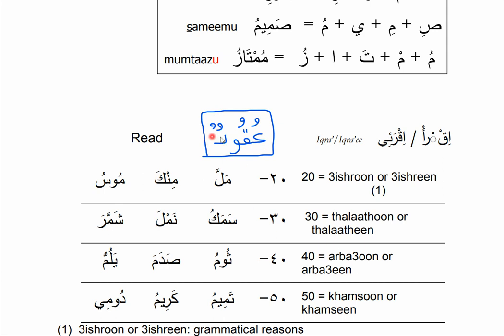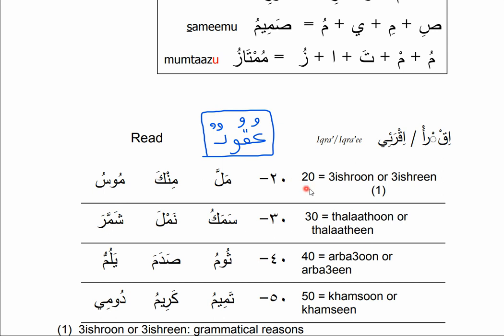As you can see, I have written here ain, qaf, waw and dal. Uqud. They are named as uqud. So in future lessons, when you come across the word uqud, know that the numbers from 20 to 90 are referred to here. So let's see.